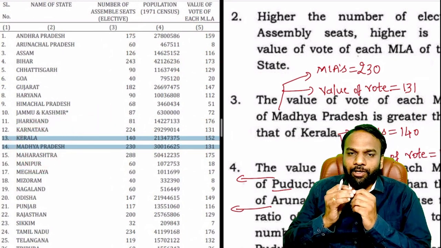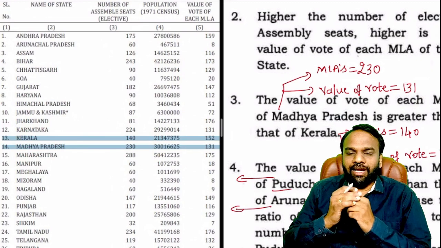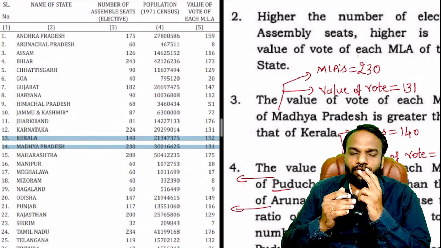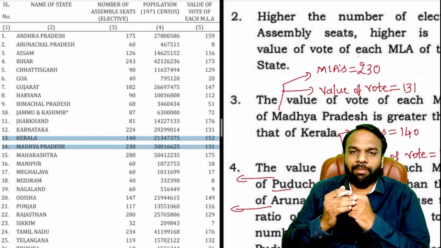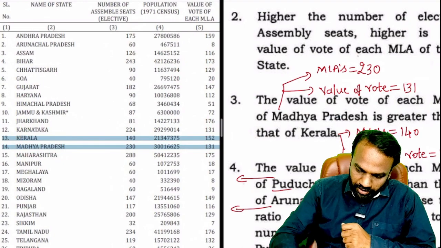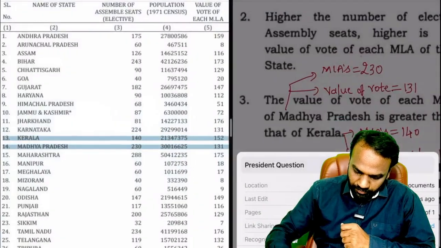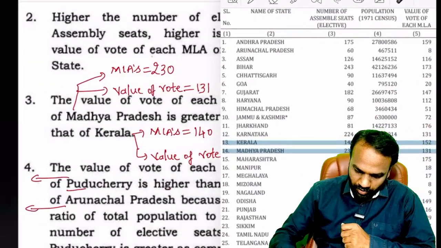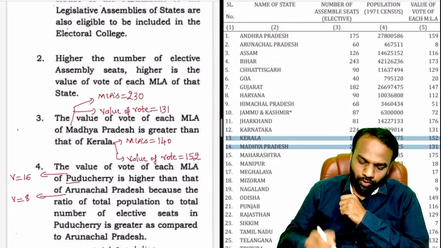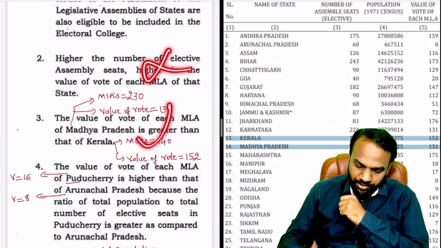If we are able to decipher this logic, then rather than retaining information for all the states, we retain information for just two states and can answer this question. Also, in this question, you are able to eliminate two options, option 2 and option 3.